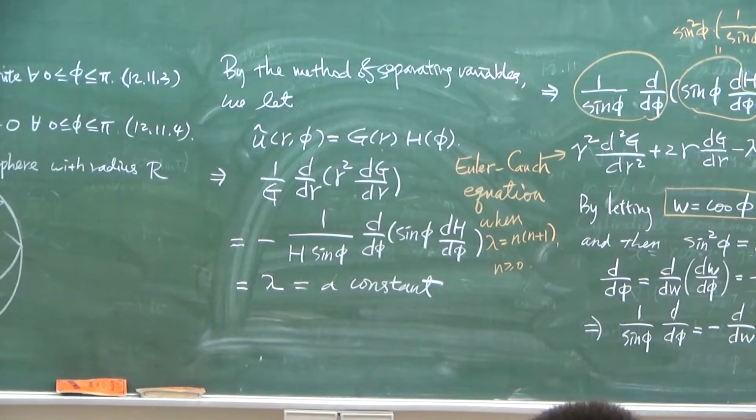And it's very easy to solve the Euler-Cauchy equation. It's just a monomial, x to the nth power. So we almost solved the problem.